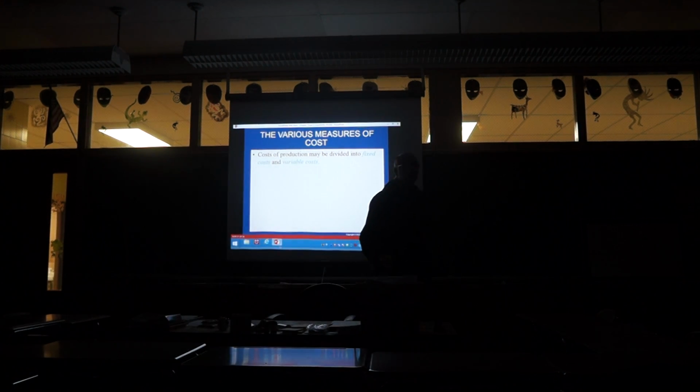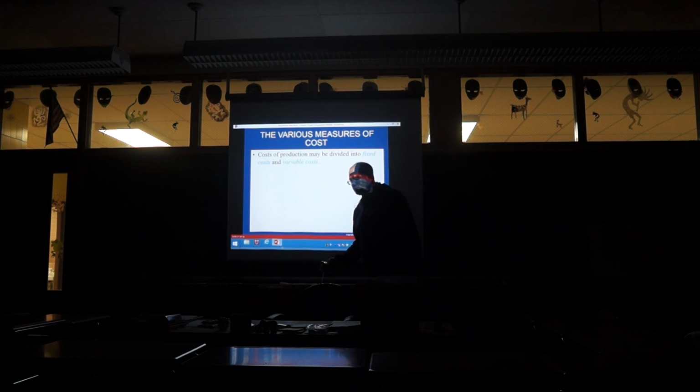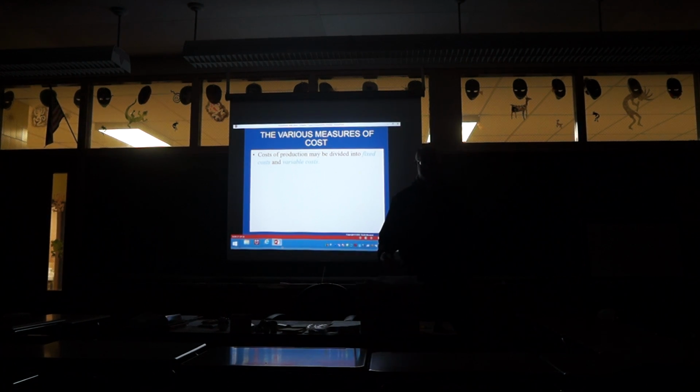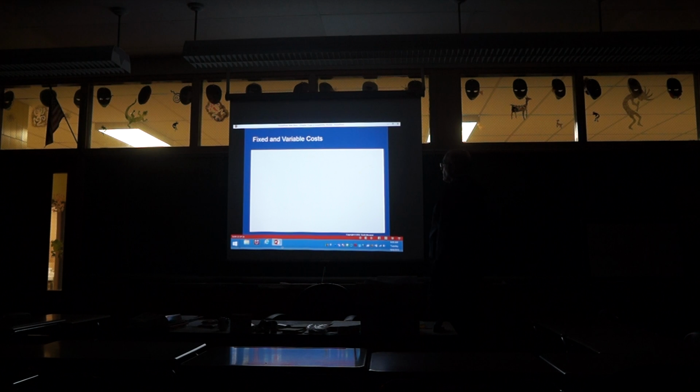Variable costs are costs that vary depending on how many units you make. So food cost is a variable cost, because it depends on how many hamburgers you make. Hourly labor could be a variable cost, because you'll have more or fewer workers depending on how much you're selling.